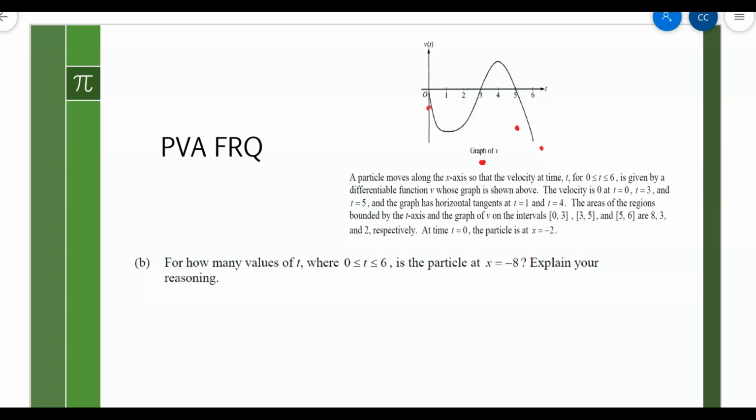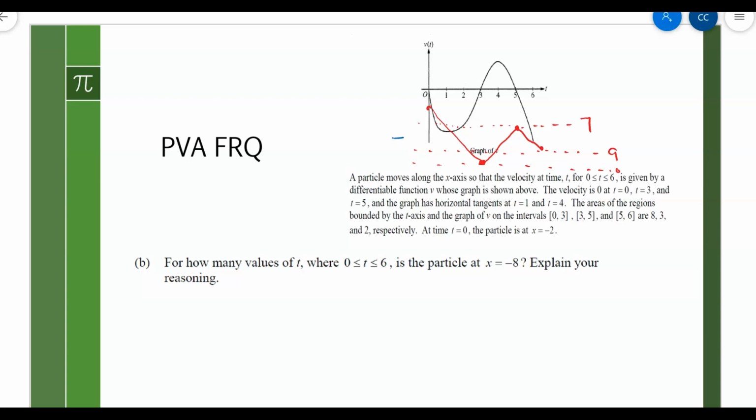So the position graph is going to kind of go somewhere down, up, and then back down. So this up here is -7. This is -9, -10.